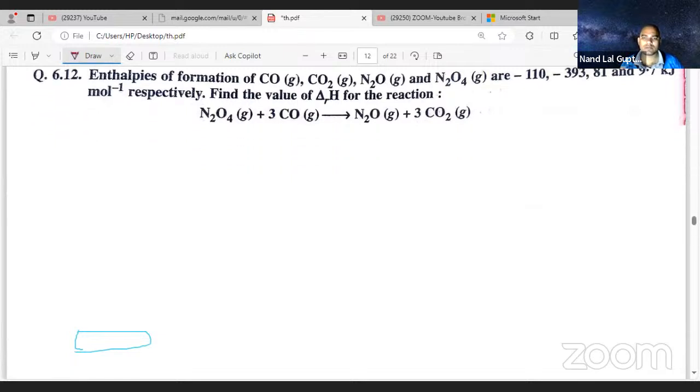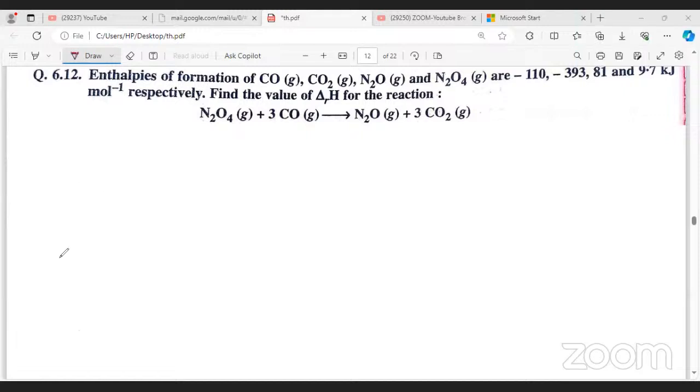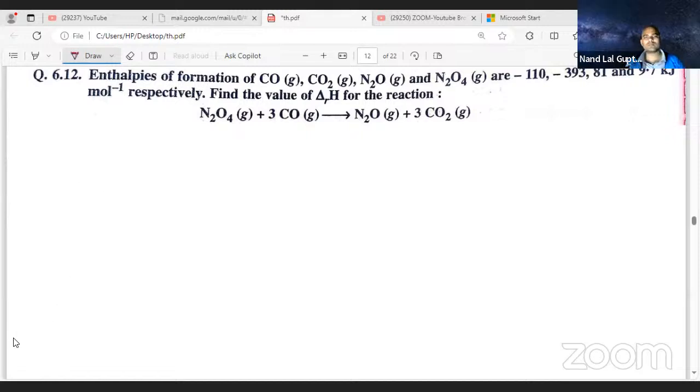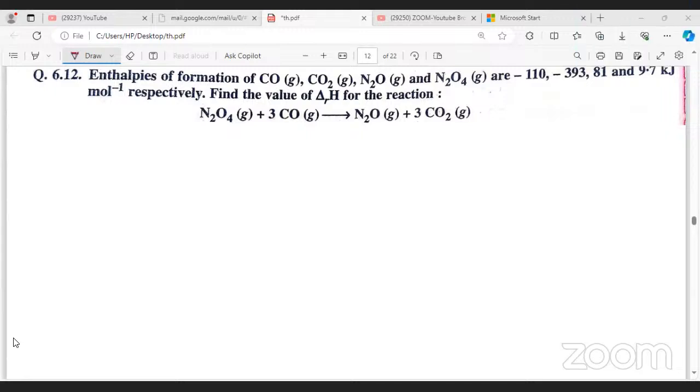Now, 6.12. Try it, or should I do? Enthalpy of formation. Sir, what is the required formula for this one? Can you tell me, sir? You need to apply Hess's law.